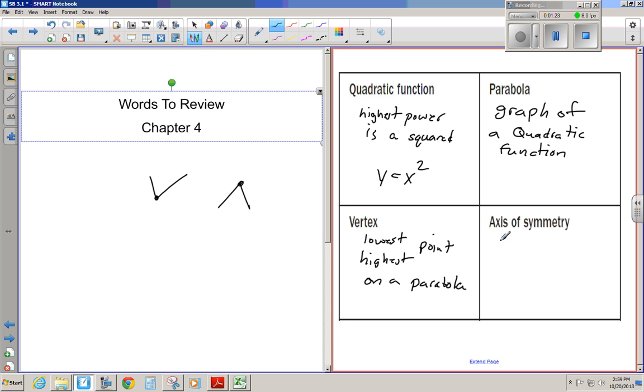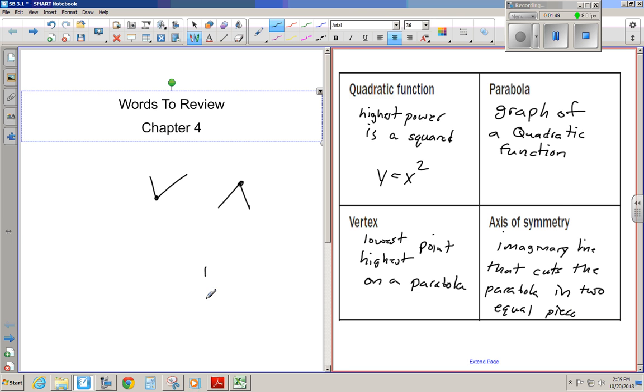The axis of symmetry is an imaginary line that cuts the parabola in two equal pieces.